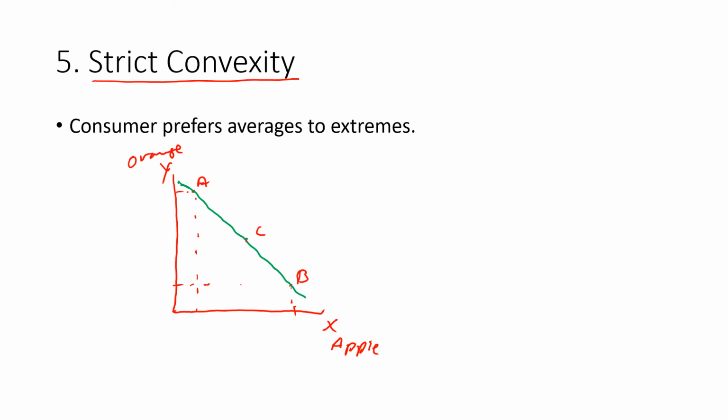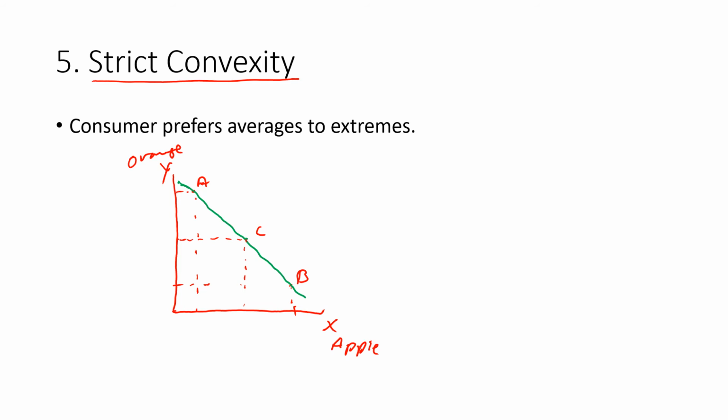Bundle C will be the average of A and B, which consists of both these goods. It consists of an equivalent amount of apples and an equivalent amount of oranges. So this is the average bundle.